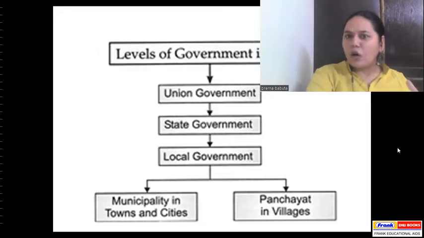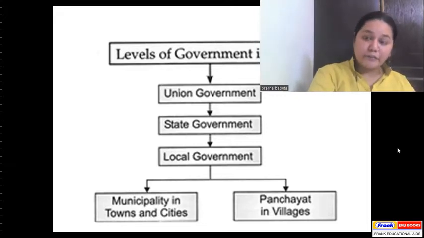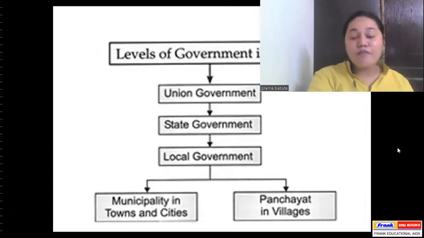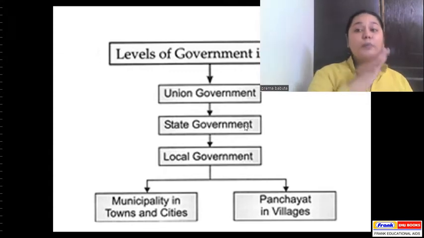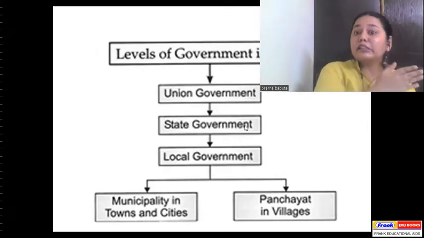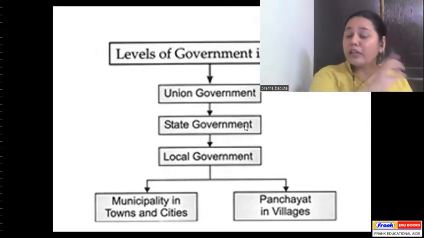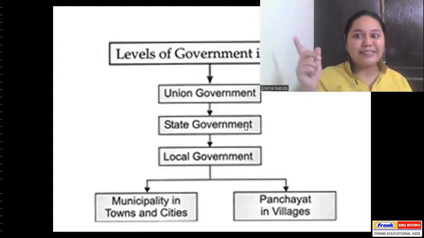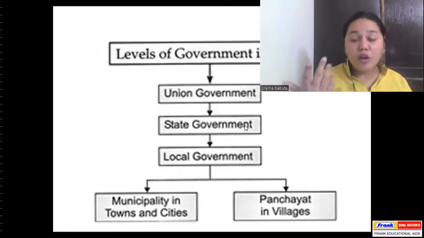So it is pretty obvious that people who are residing in villages have their own set of problems. Is it possible that people from these areas directly approach the central government or the state government? No, the process becomes very long and then it is difficult to approach. That process of approaching the chief minister or the prime minister is very long.